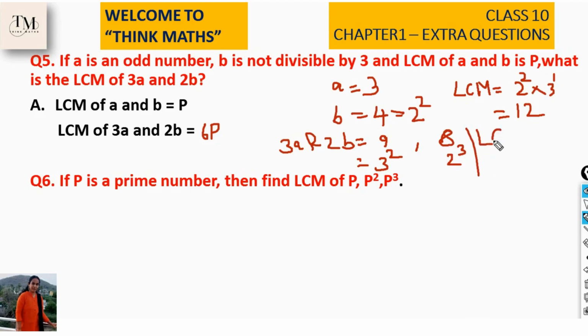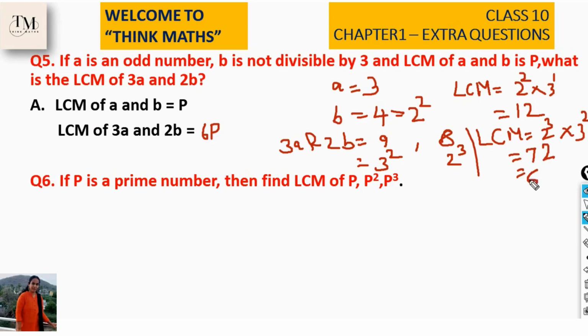So their LCM is, the only prime factors are 2 and 3. Their greatest power is 2 to the power 3, 3 to the power 2. 2 to the power 3 is 8, 3 to the power 2 is 9. So 8 into 9 is 72.